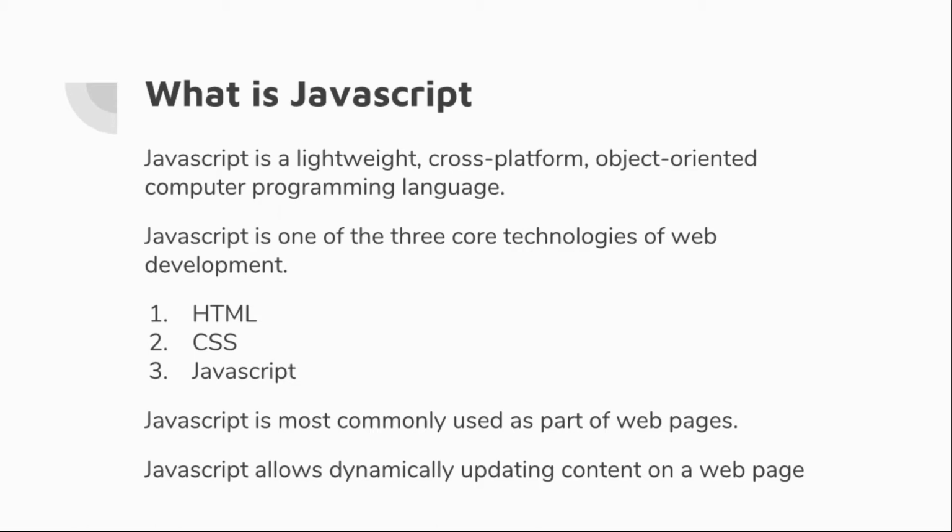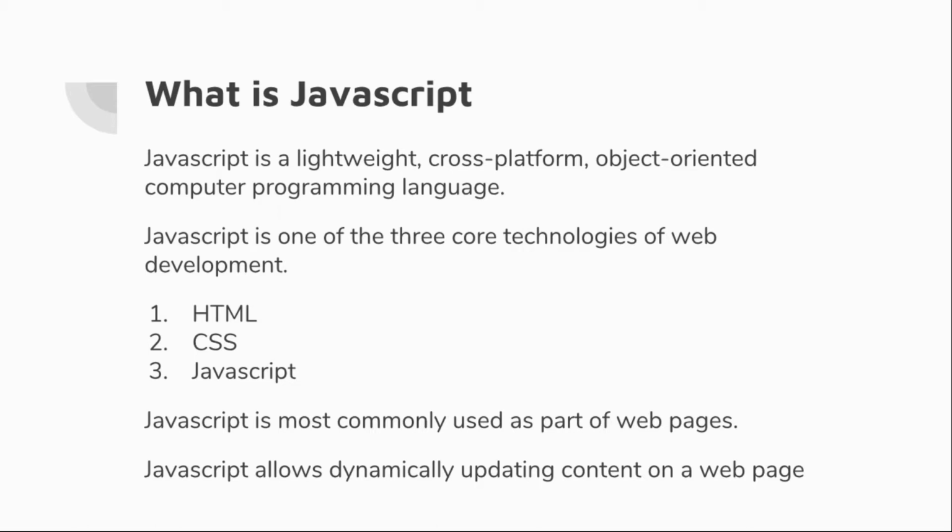When we start coding a web page, we start from HTML, then we add effects and adjustments with CSS, and after that we use JavaScript for the dynamic effects. So JavaScript is the third technology of web development. JavaScript is most commonly used as a part of web pages, which means it is commonly used in web development.